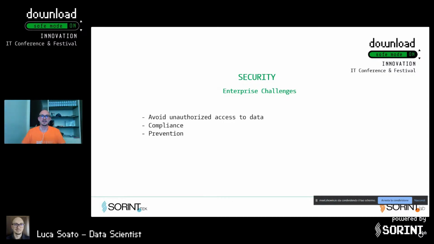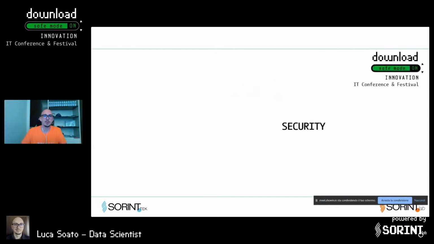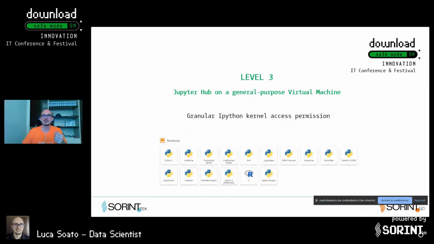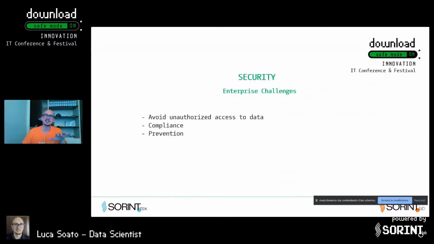So we managed to use different technologies to prevent these kinds of problems. For example, when we installed Jupyter in this kind of setup, we used an HTTPS certificate to secure the connection.